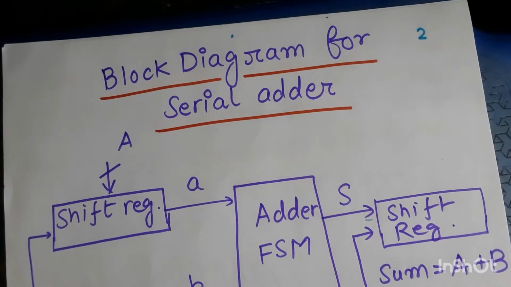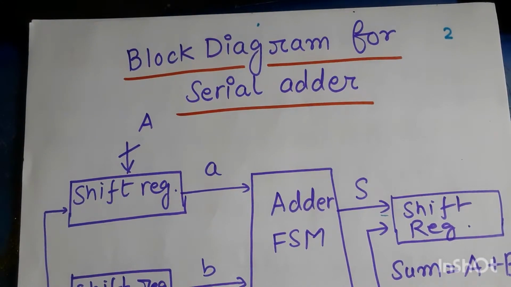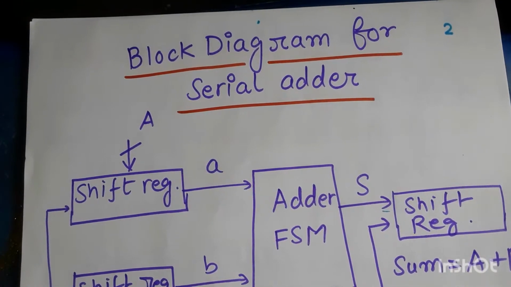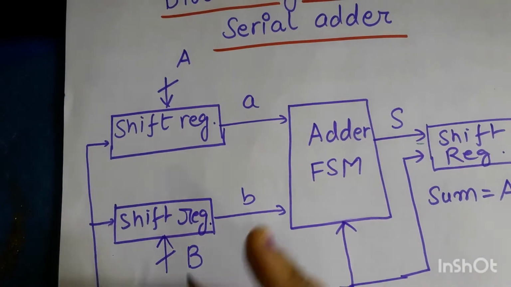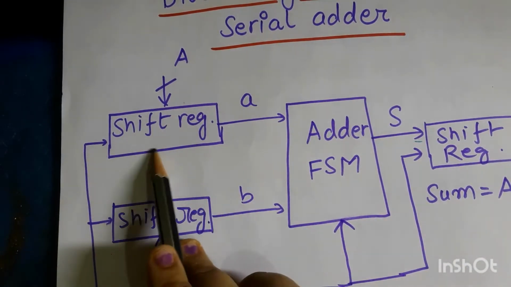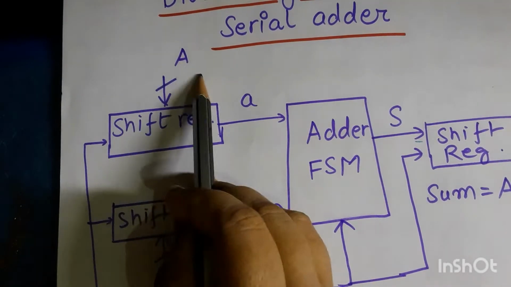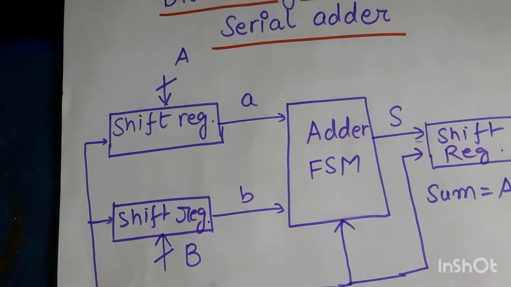Now let us see how the block diagram of the serial adder would look. It is the generalized block diagram. Here I have two registers, shift register A and shift register B. A is of n bits, B is also of n bits.